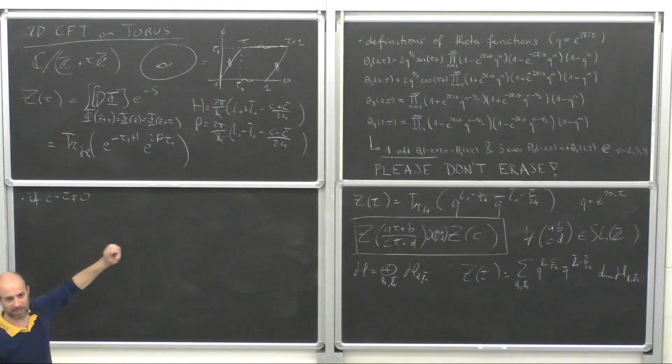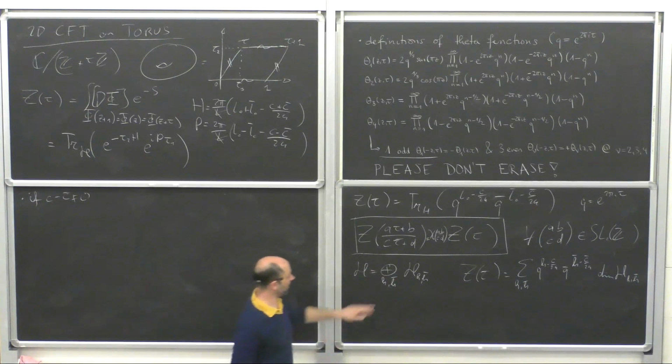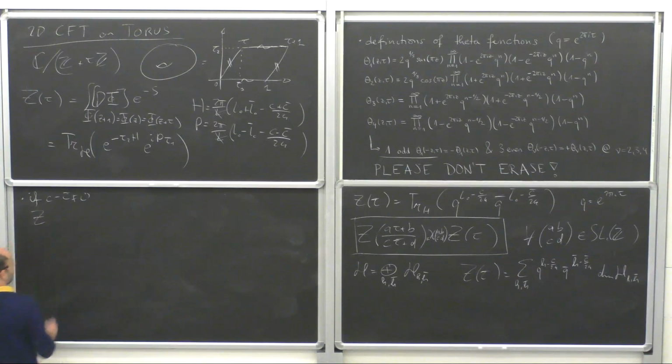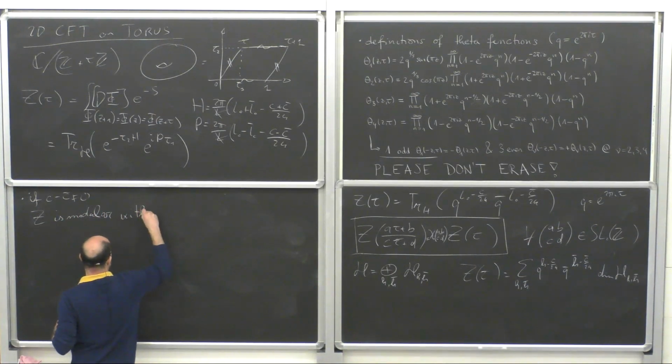It doesn't depend on any other details of the CFT. So this is just the anomaly. What this means is that Z is a modular function, but possibly with multipliers.